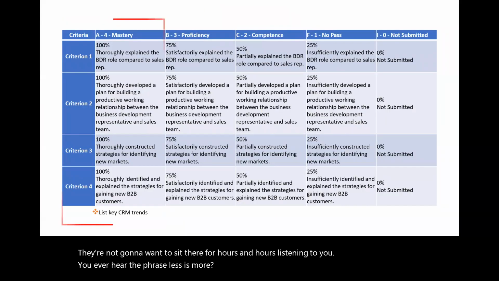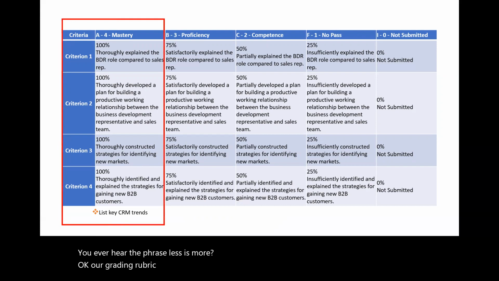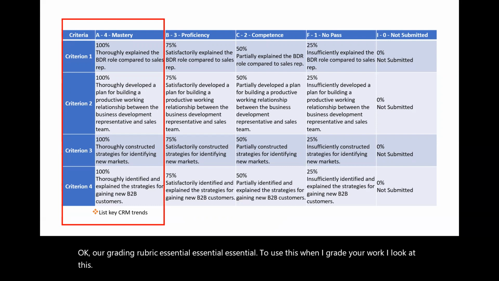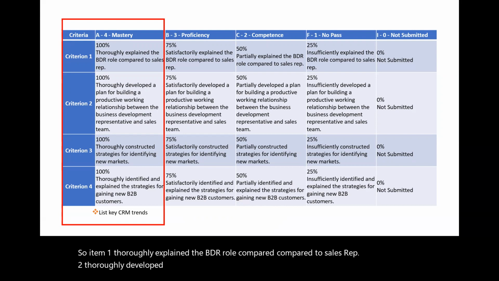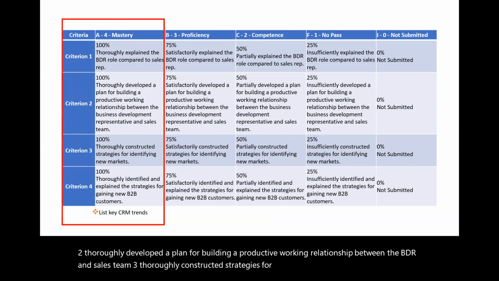Okay, our grading rubric. It is essential to use this. When I grade your work, I look at this. So, item 1, thoroughly explain the BDR role compared to sales rep. Number 2, thoroughly develop a plan for building a productive working relationship between the BDR and sales team. Number 3, thoroughly constructed strategies for identifying new markets.